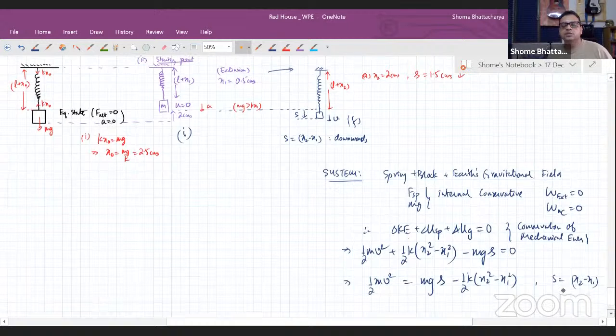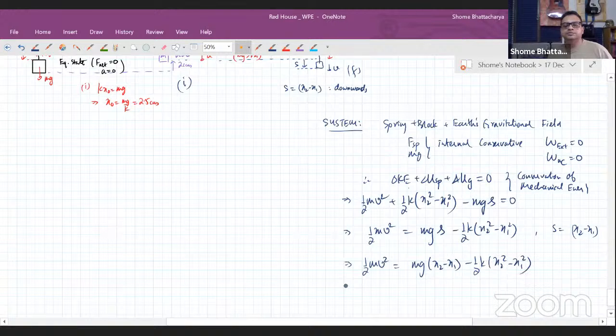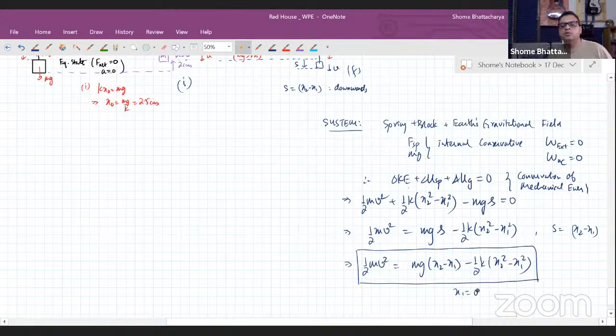So the kinetic energy is equal to mg (x2 minus x1) minus half k (x2 square minus x1 square). In this, we'll always be substituting x1 as 0.5 centimeters, but x2 will be 2 centimeters for part A, 3 centimeters for part B, and so on.